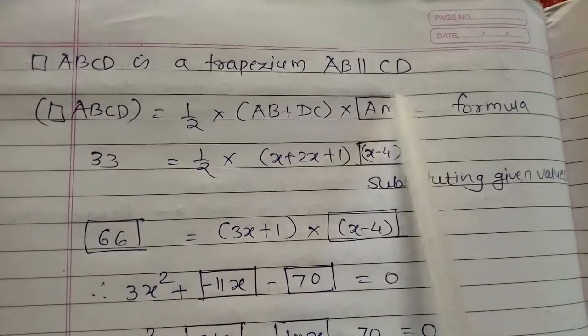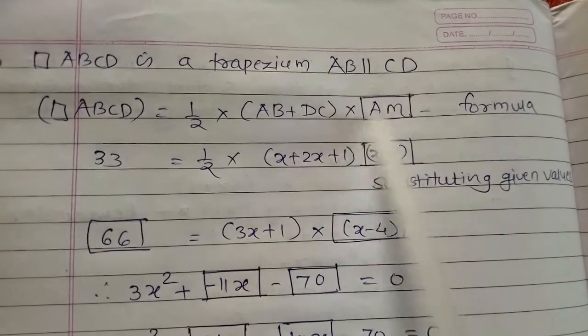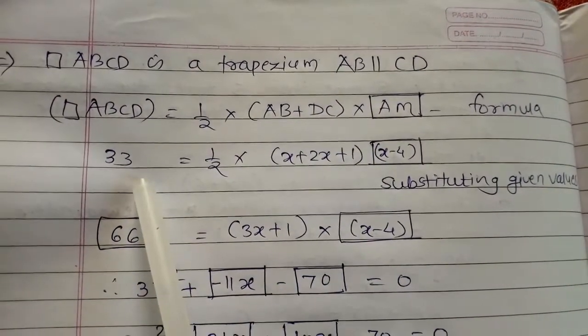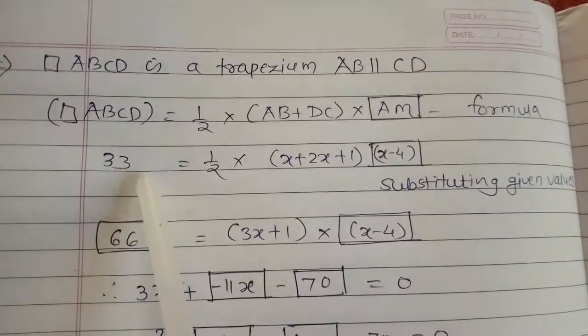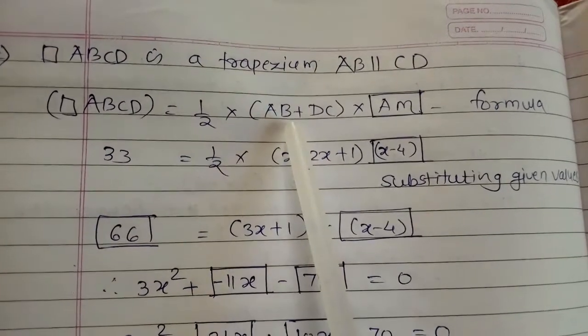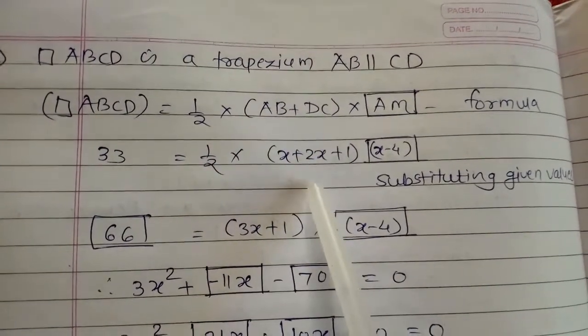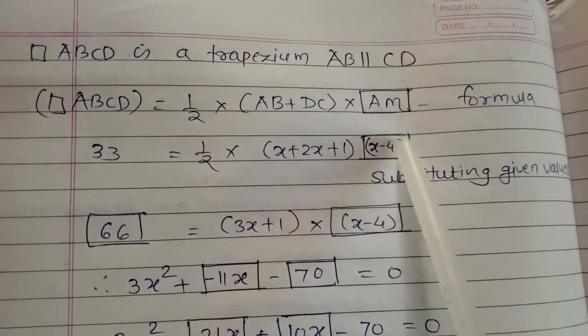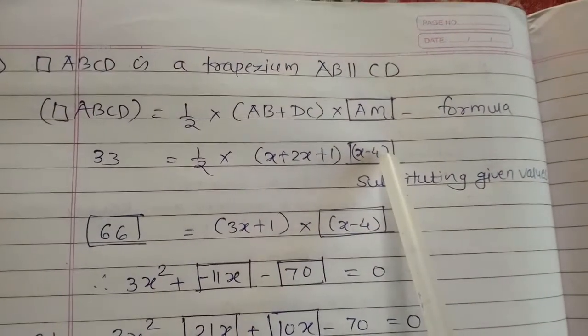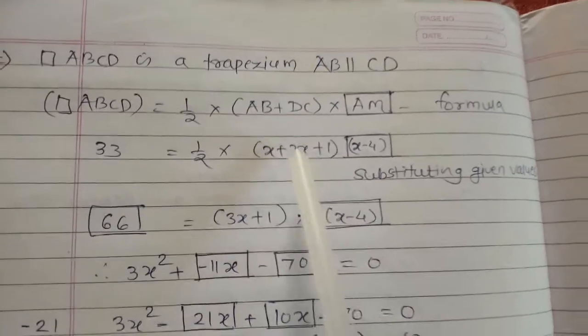Wherever I draw these brackets, these are the fill in the blanks. So you are given that the ABCD area is 33, half, then AB, that is x, and CD, that is 2x plus 1, and AM, that is x minus 4. All these numbers are given in your figure.